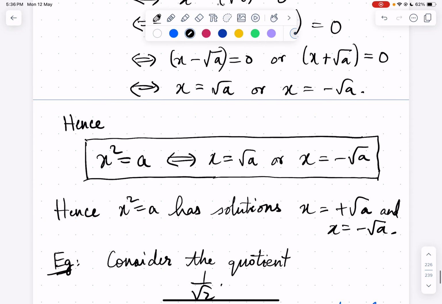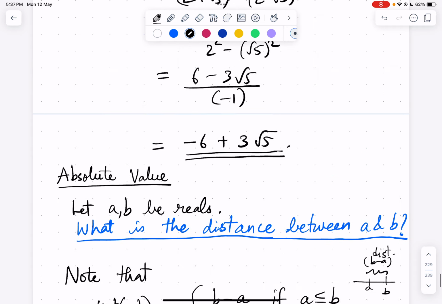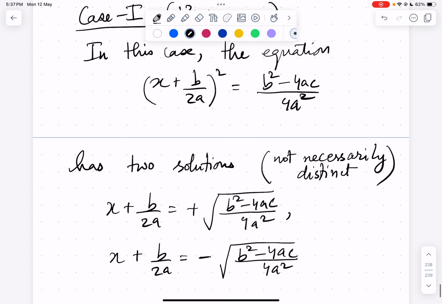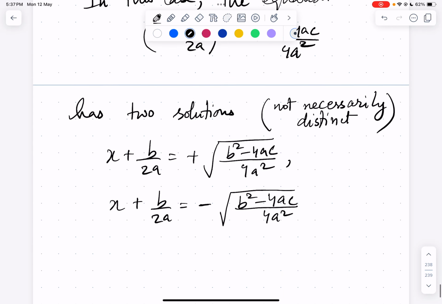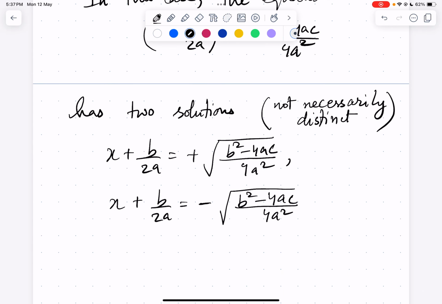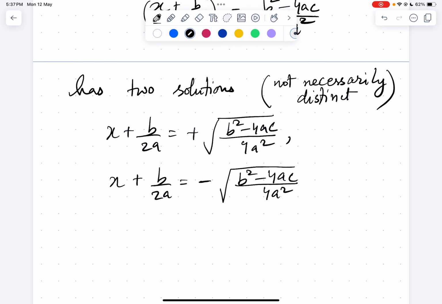These are x equals root a or x equals minus root a. We just get it by bringing root a square to the left and factorizing. So the solutions of x plus b by 2a whole square equals b square minus 4ac by 4a square are x plus b by 2a equals plus root of b square minus 4ac by 4a square, and x plus b by 2a equals minus root of b square minus 4ac by 4a square.